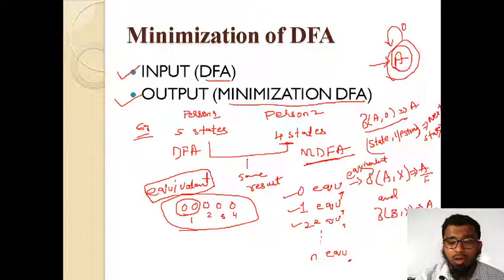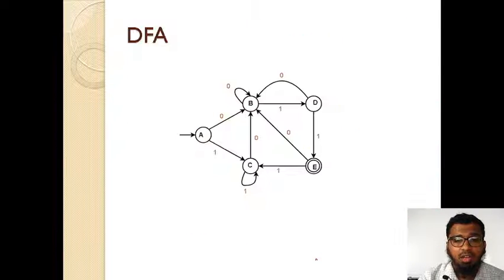Or delta of a comma x not equal to a final state and delta of b comma x not equal to a final state, then only they will be equivalent. We will see what 0, 1, 2, 3 mean with the help of an example.